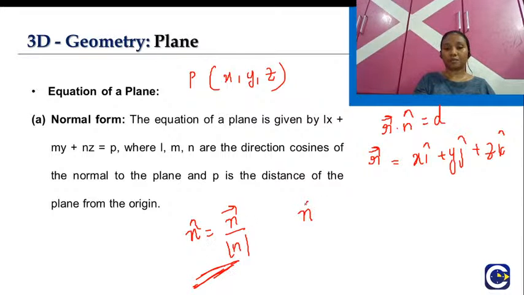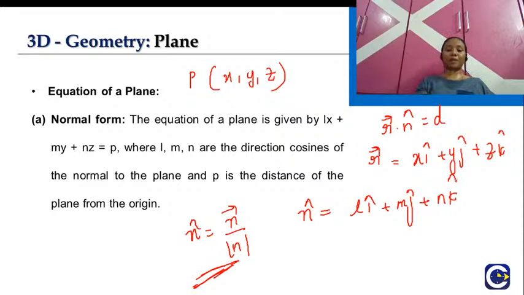So my n cap vector will be L i cap plus M j cap plus N k cap, because my n cap is a vector having the coefficients to be direction cosines. That's why I'm taking L, M and N. D is a distance. So let's substitute here.